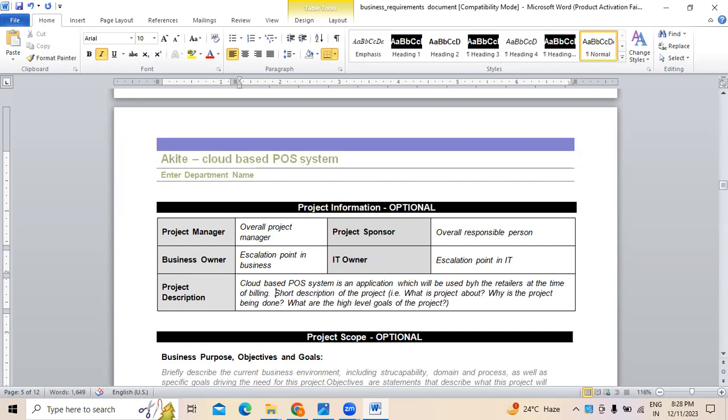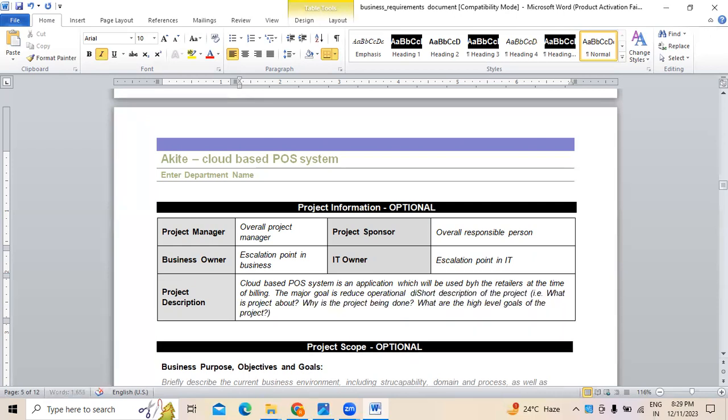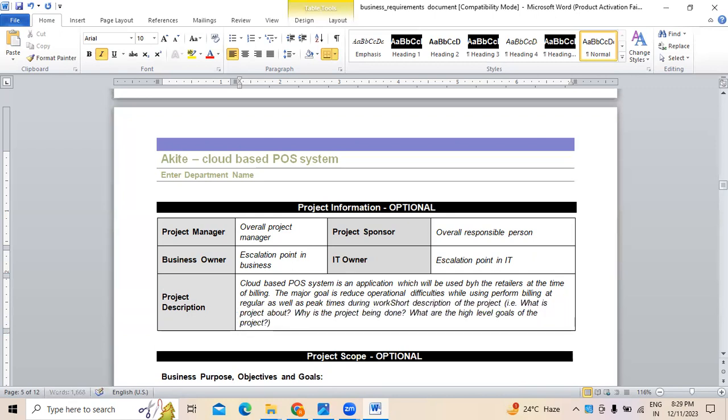The major goal is to reduce operational difficulties while performing billing at regular as well as peak times, during working days or weekdays and weekends.